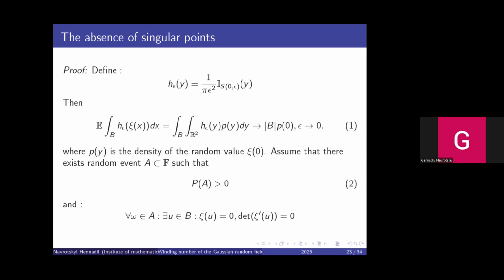So there exists some random event A of positive probability such that for every omega in A, there is some point in B such that xi is equal to 0 and the matrix of derivatives is degenerate.